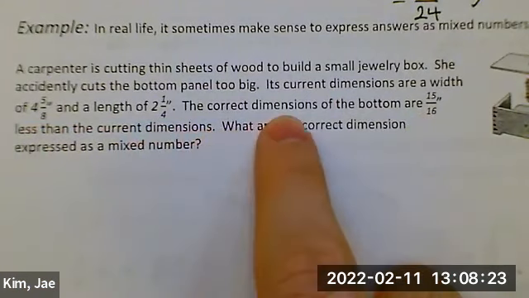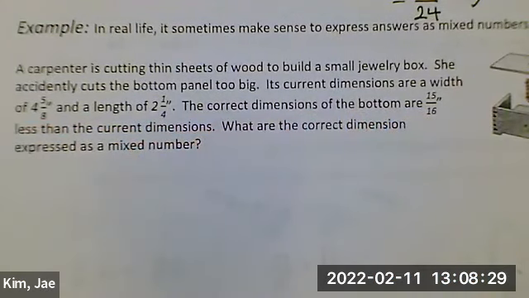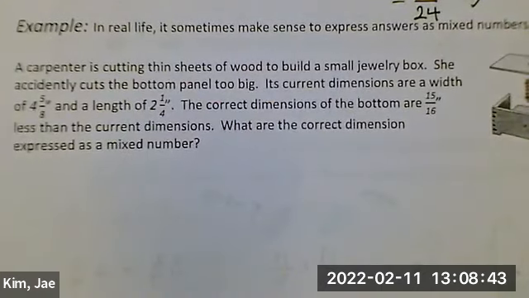The correct dimensions of the bottom are 15/16 less than the current dimensions. What are the correct dimensions expressed as a mixed number? There are times where mixed numbers are needed, like inches and feet. Sometimes fractions make sense. But in the world of math, you won't have to ever use it again.